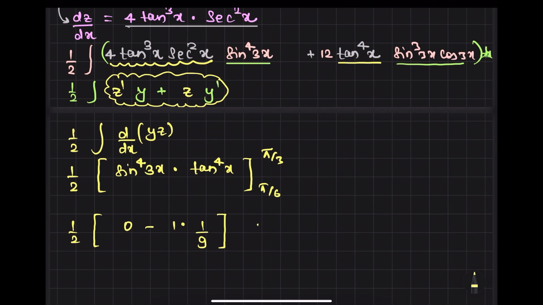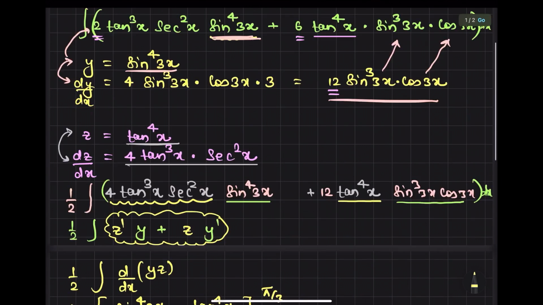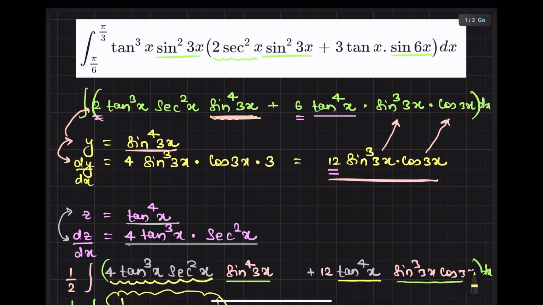So if you'll multiply this thing, you will be getting 1 by 18. I hope you got the idea and you find this question to be interesting enough. Okay. I feel that you can handle similar situations as well.